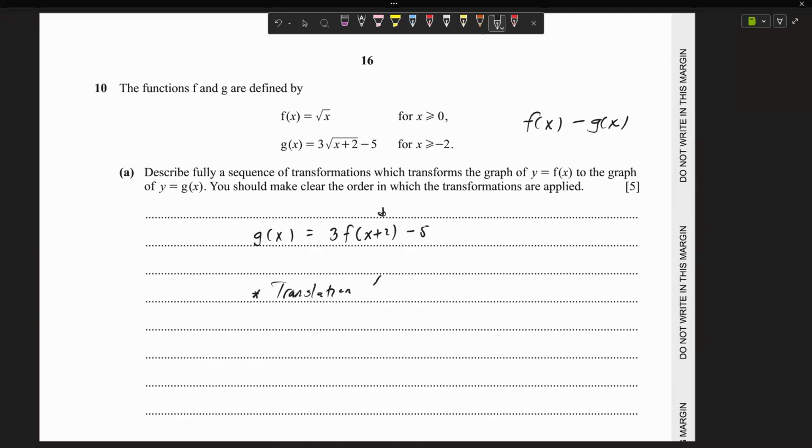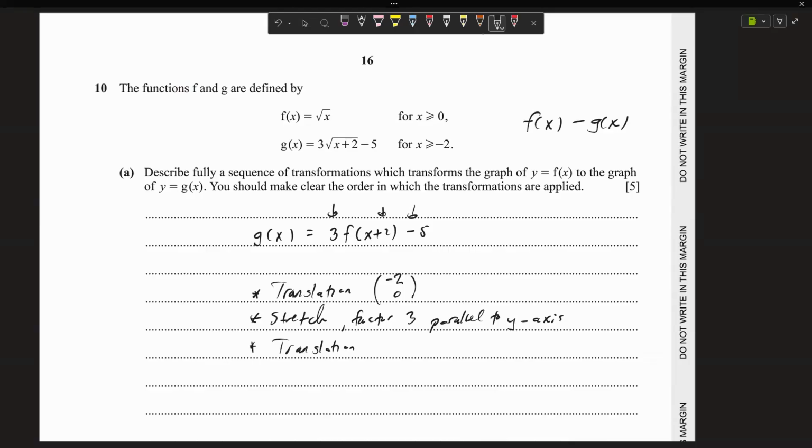This is a translation of -2 and 0. Then if we come here, that's a stretch of vector 3 parallel to the y-axis. And then the -5 is again a translation.